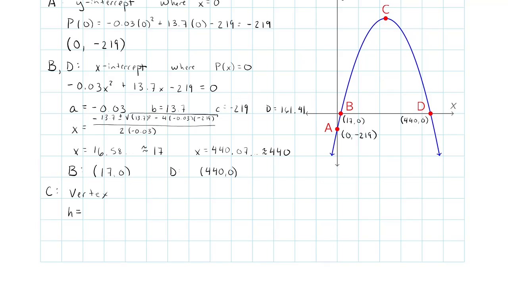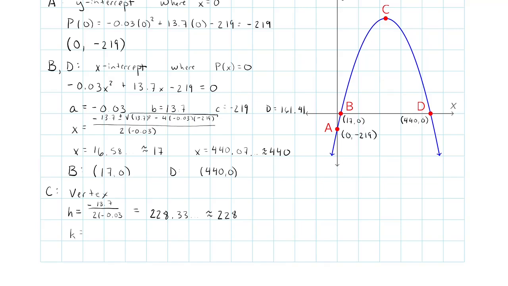So h, we already wrote down our a, b, and c. h is the opposite of 13.7 over 2 times negative 0.03, which is 228.33, etc., which will round to 228.